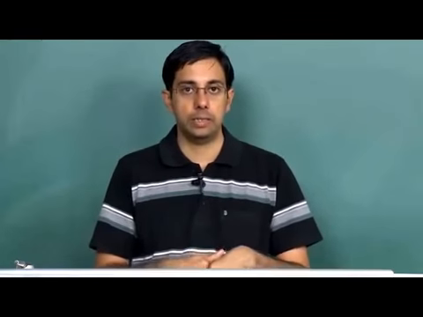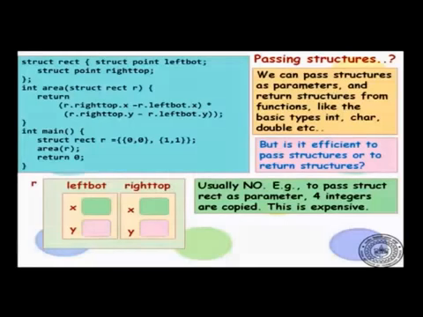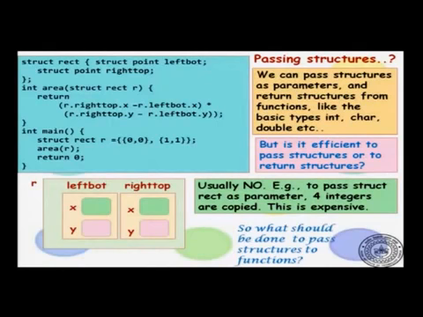So, when you pass a structure, the entire structure has to be copied. Similarly, when you return a structure, the entire structure that was created inside the function has to be copied back. This is usually an expensive operation. So, one way to get around it is to pass a pointer to the structure.